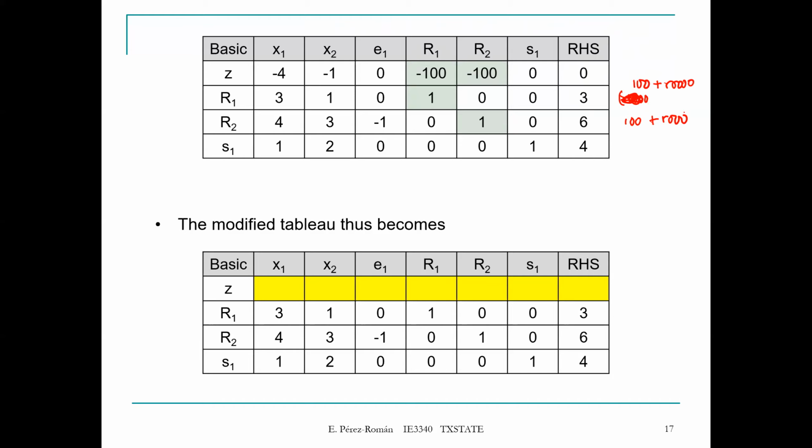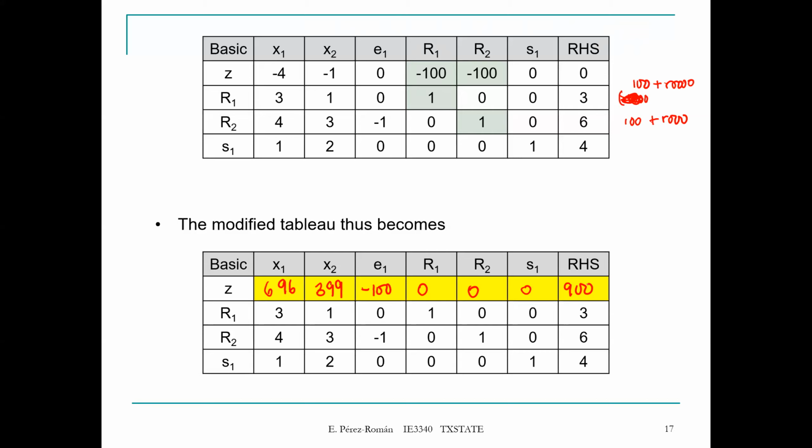So if we perform those computations, this new row 0 will look like this: 696, 399, minus 100, 0, 0, 0, and 900.